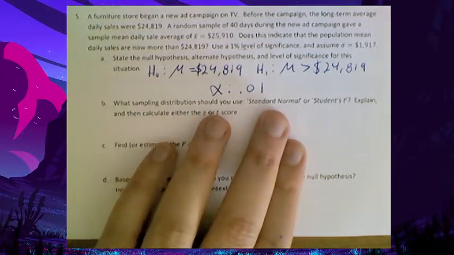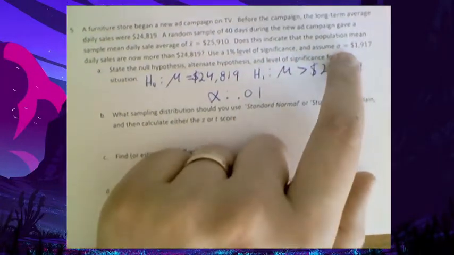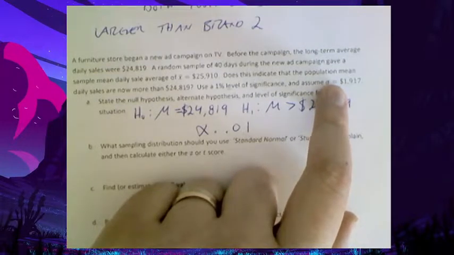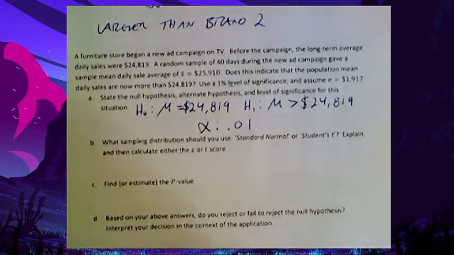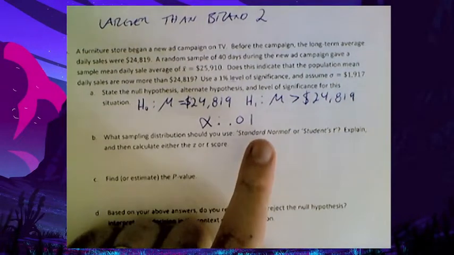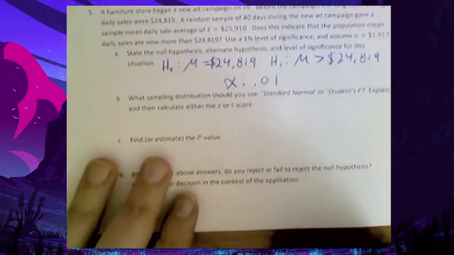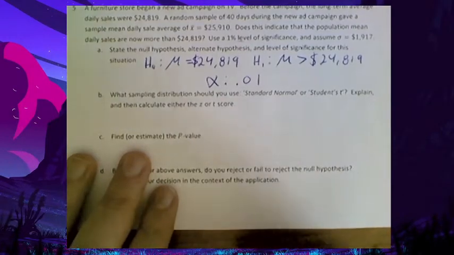All right, should I use a standard normal or a student's t? Well, I'm told sigma, right? Sigma means that this is from the population, it's not from the sample. So I have a known standard deviation, so I can use the standard normal, which is the z one. If you ever forget, your calculator should have z or t on the appropriate one, so you can always check there.